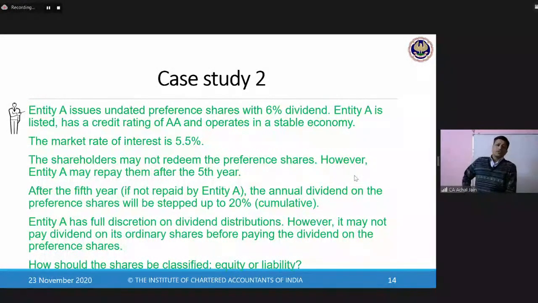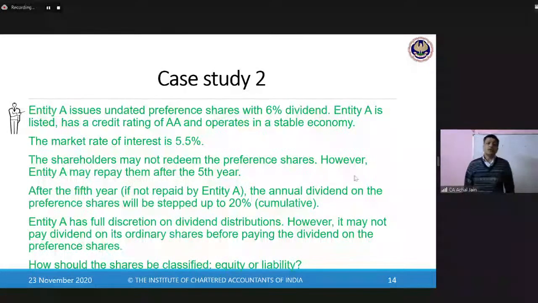Should we go to the solution then? I think this is relatively simpler. Okay, so let's get to the solution. Now in this case, there are again two things which we need to check. As I told you, for any instrument, we need to check two things: principal and interest.